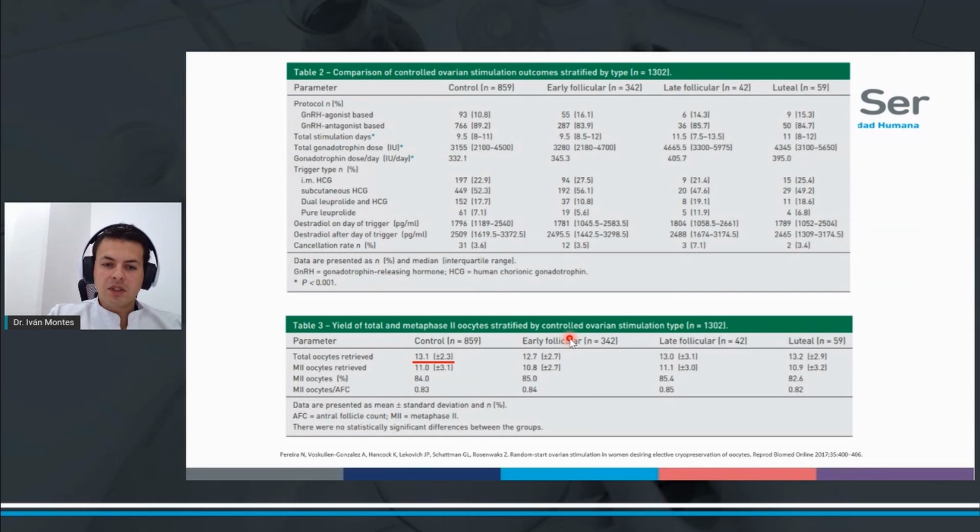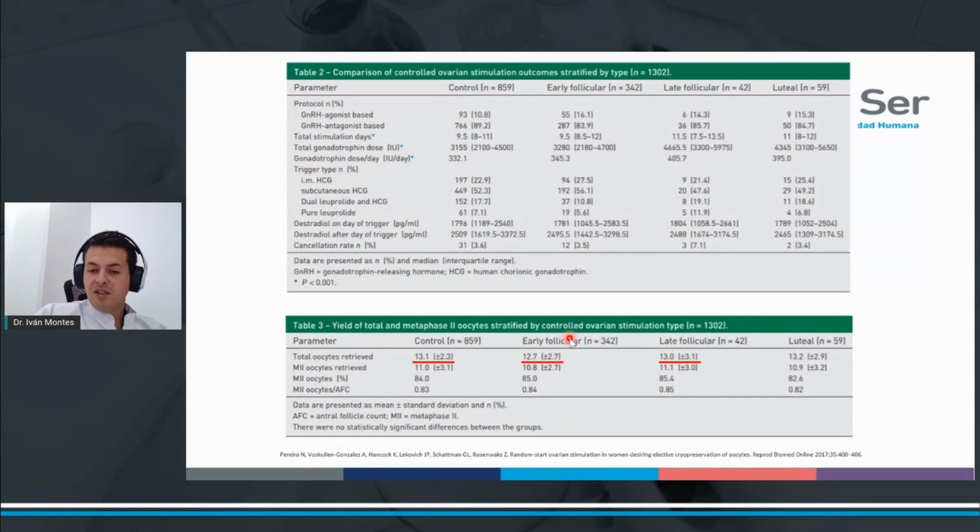As you can see, there is a control where the number of oocytes retrieved was 13.1. Another group of early follicular phase where 12.7 were retrieved.